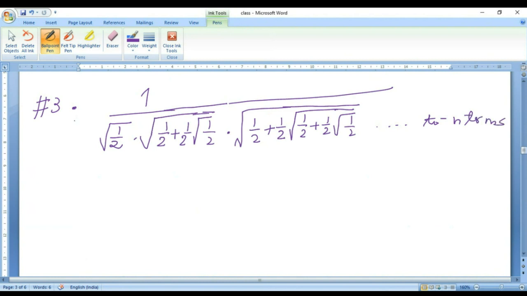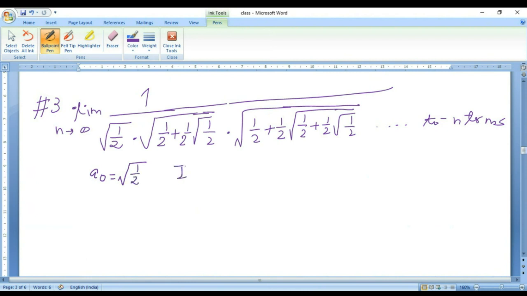So you want to find the limit of this huge expression as n tends to infinity, because n will come here somewhere. So it is to n terms. Now, this does not look like a recurrence because it is not defined explicitly, but we can define it. So I'll define it like this. I'll take a naught as the square root of 1 over 2.